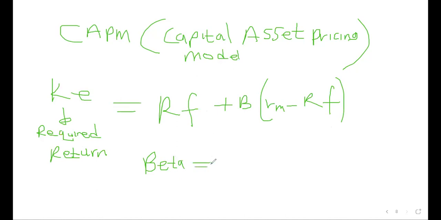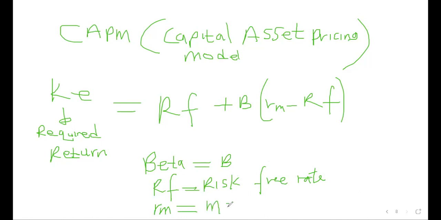RF is the risk-free rate. And RM is the market return, or return of the market. So this one is called market return. This is about what goes on as we look at the CAPM.